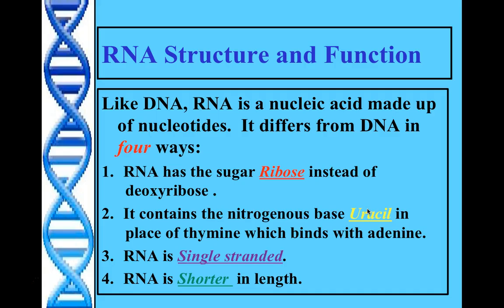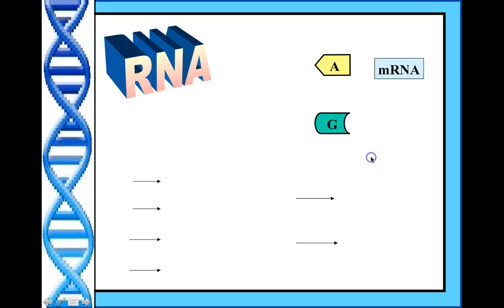So RNA is shorter because it's only coding certain portions of genes, therefore we're not going to be using the entire strand of DNA. We're not going to need the entire genetic code at once. RNA is a much smaller molecule because it's only going to be used for the length that it's going to be coding for. So let's take a look at the structure of RNA.